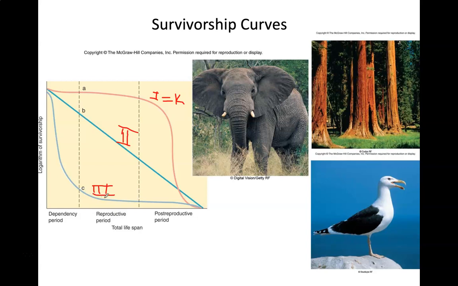Then at the reproductive period, survivorship levels off all the way through until the end of the post-reproductive period when those survivors die off. But you can see that the survivorship is very low once you get to the end of the dependency period. So we've got, in this case, R-selected organisms.